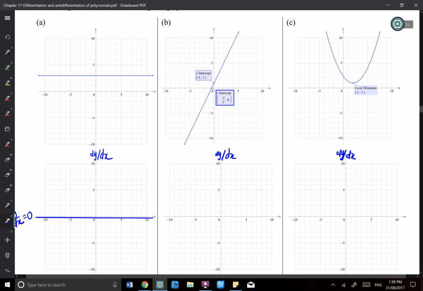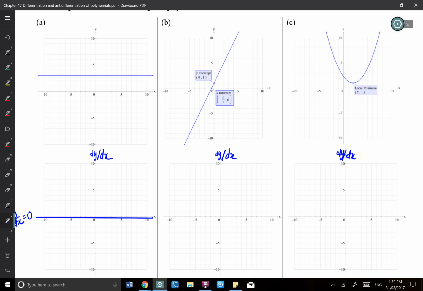Okay, for the next one, what do you have? It's increasing. What kind of graph is that? Linear. What's the derivative for a linear graph? Constant, so it will be a horizontal line as well. But what is the gradient of that linear? Don't tell me you don't know how to find the gradient of a linear. I will be scared.